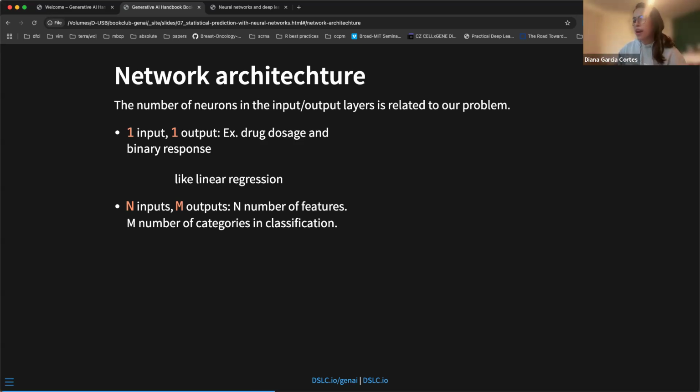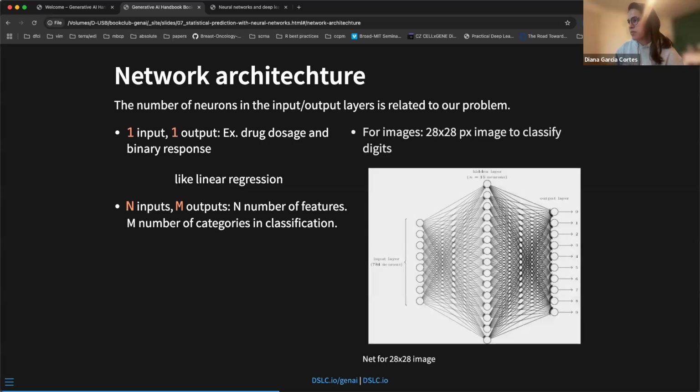And the number of outputs will be associated to the number of categories in our classification problem. And again, in one of the videos and resources, they were talking about the network architecture that is used for images.